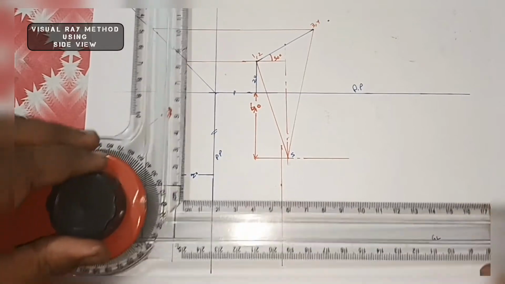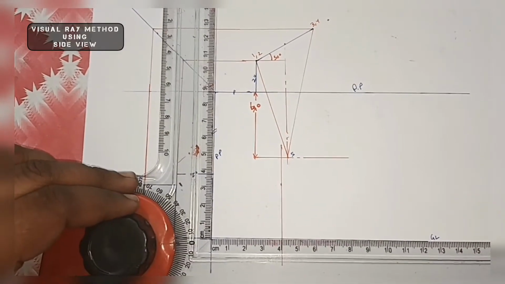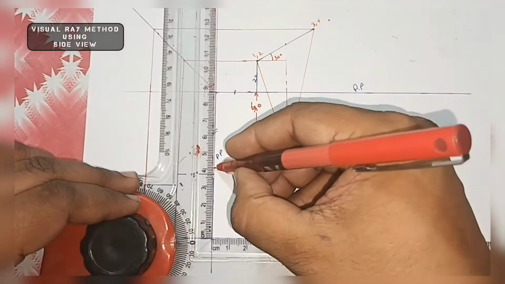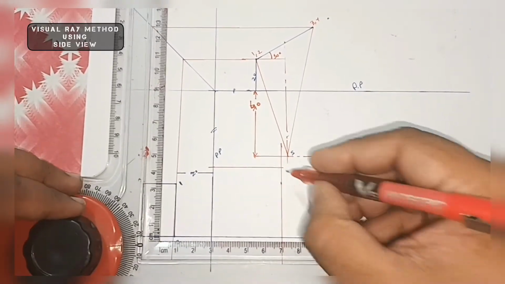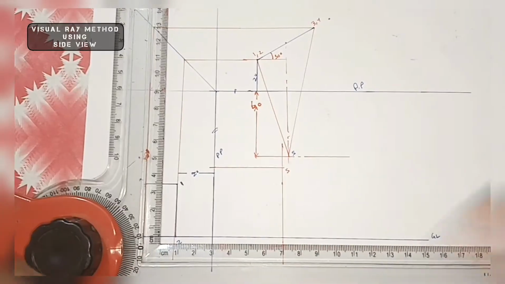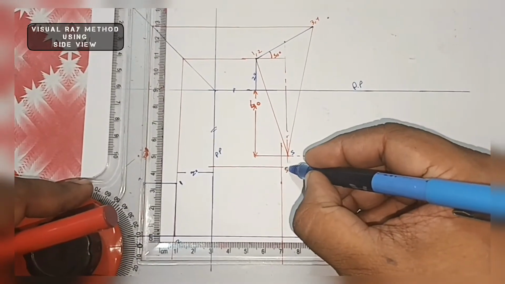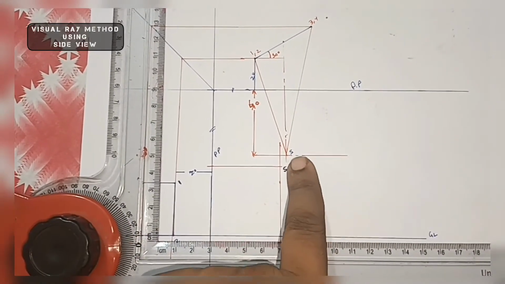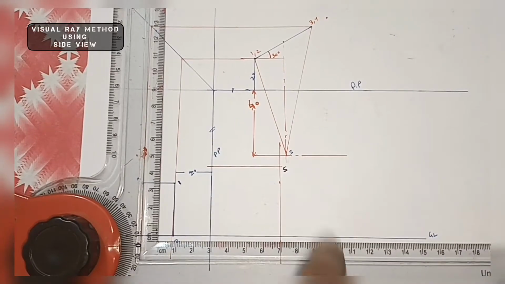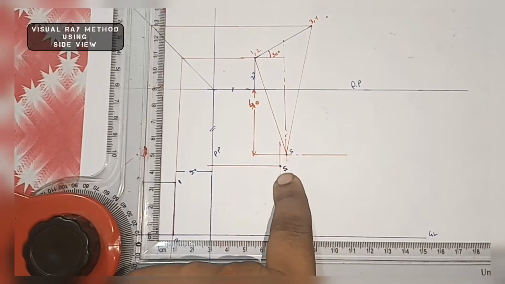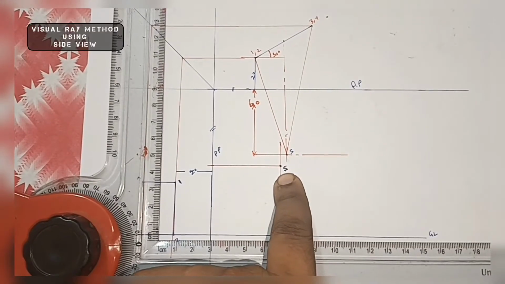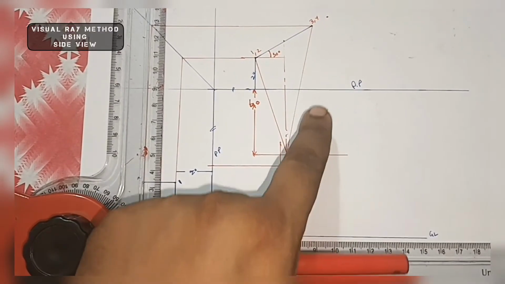So if this is 40, you need to take this also as 40. This is S from the side view. This S is not in this plane, this S is different, not on the same plane. This is for the side view, this is for the top view.